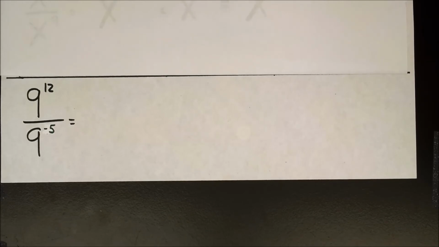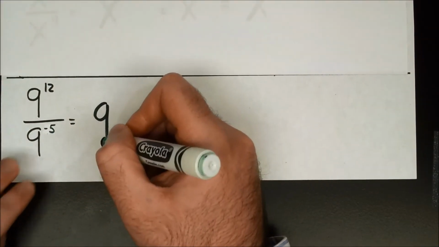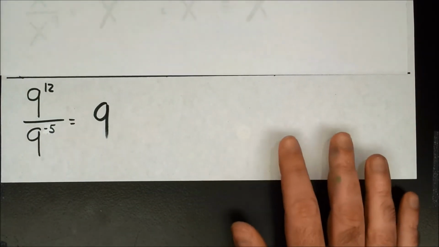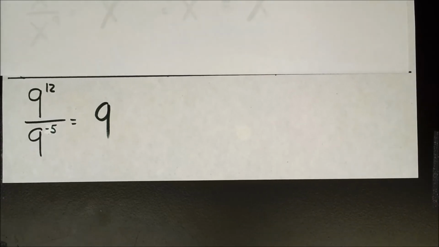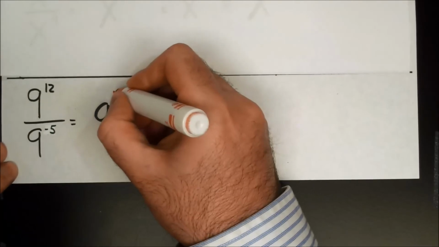Once again, the question is, do these have the same base? And yes, they do. 9 for both. So write the base, leave the base alone. And what's the rule when it comes to dividing powers with the same base? What do you do to the exponents? You subtract. So I'm going to subtract 12 minus a negative 5. Hopefully everyone caught that little trick that I put in there.